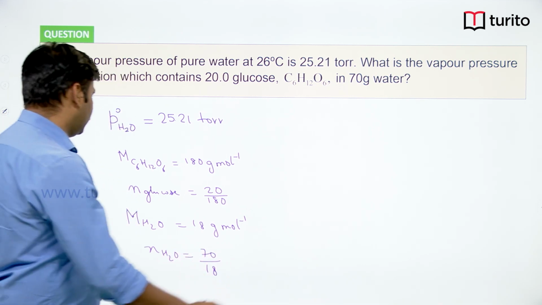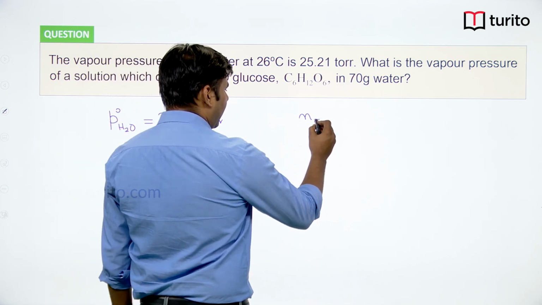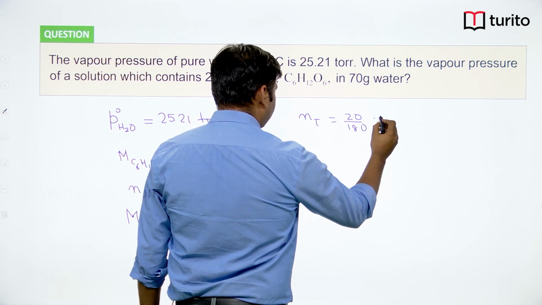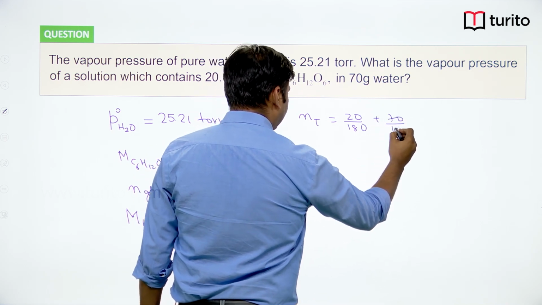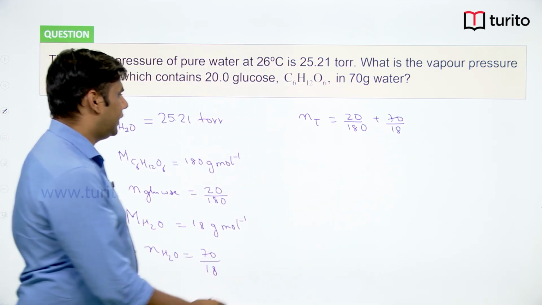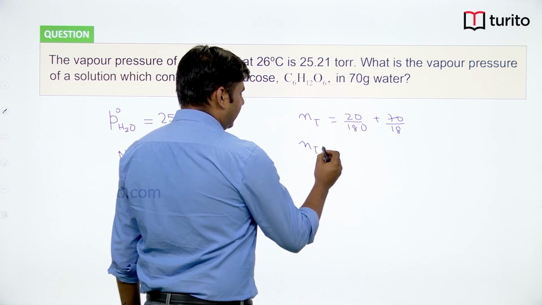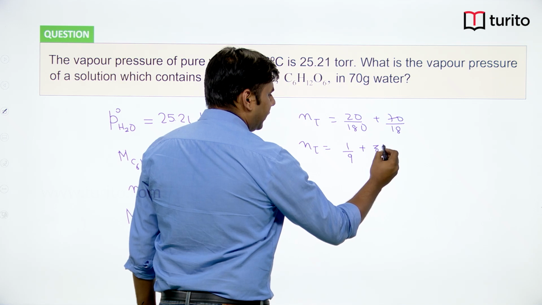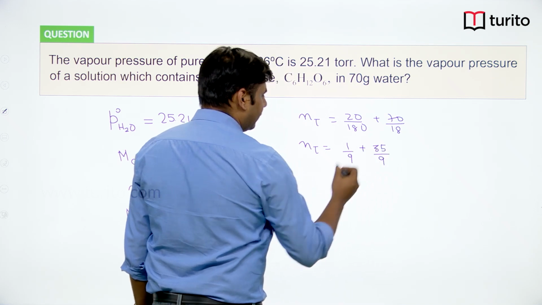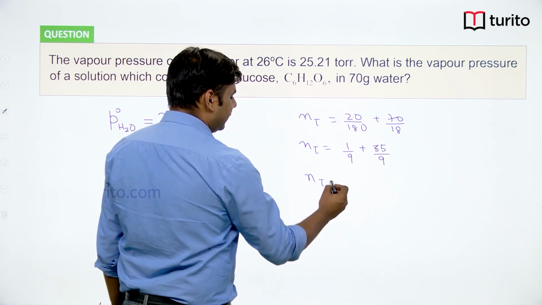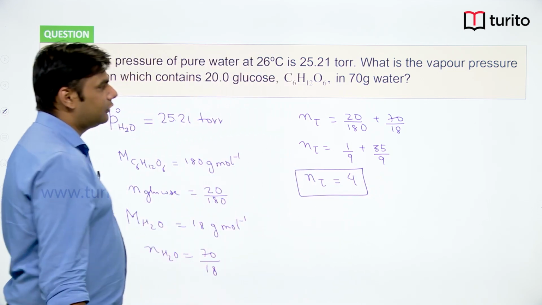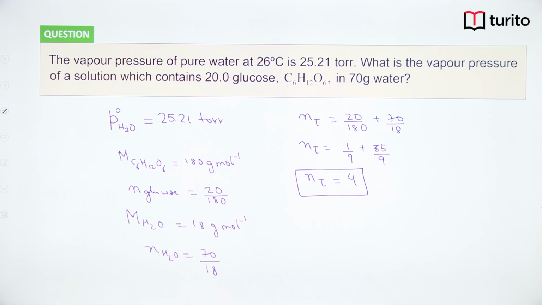The total moles is 20 upon 180 plus 70 upon 18. I can write this as 1 by 9 plus 35 by 9, which is 36 by 9, that is 4. So the total number of moles of all the components in the solution is 4.